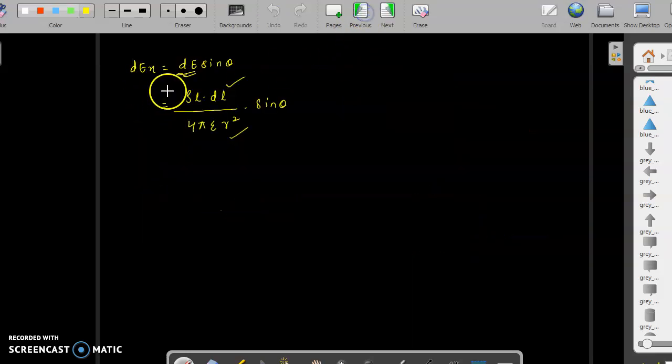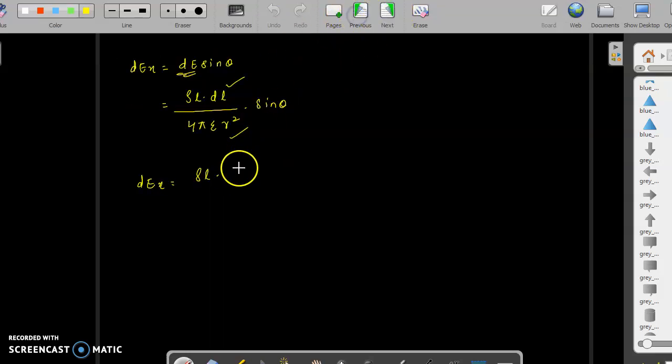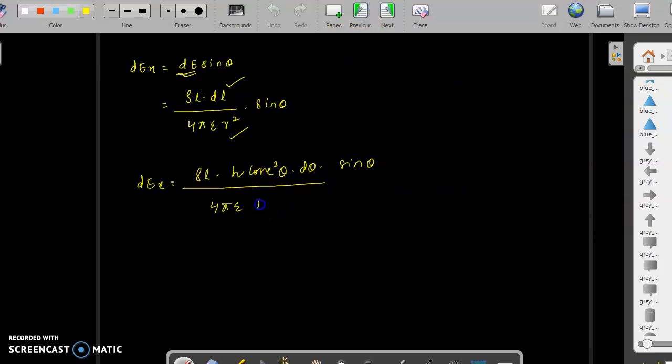So our dEx becomes rho L, dl becomes h cosec square theta d theta, times sin theta, over 4 pi epsilon, r becomes h cosec theta, so r square is h square cosec square theta.